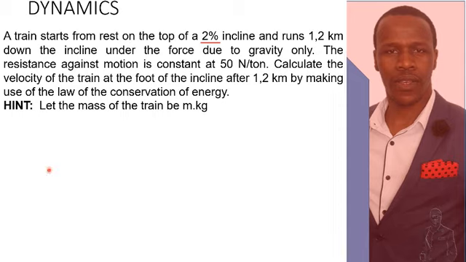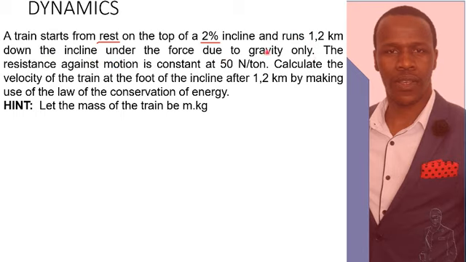So we continue by saying a train starts from rest. So we also have our u equaling 0. From rest on the top of a 2% incline and runs 1.2 kilometers down the incline under the force due to gravity only.